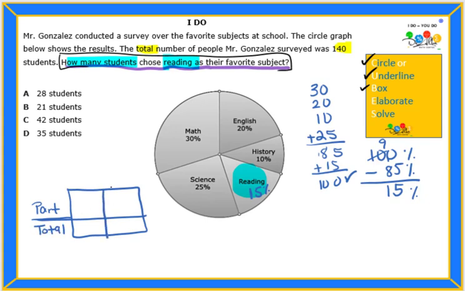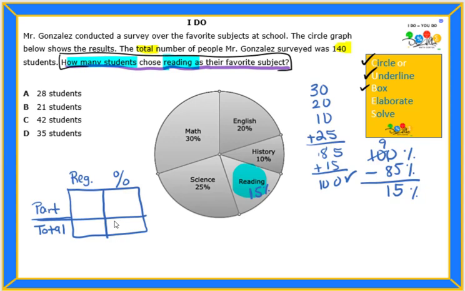Also, I have two types of numbers that I am dealing with. I have numbers that are percents, and I have numbers that in this case represent students. So I'm just going to put here REG for regular numbers. Where I put percents, we're always going to put a percentage number.